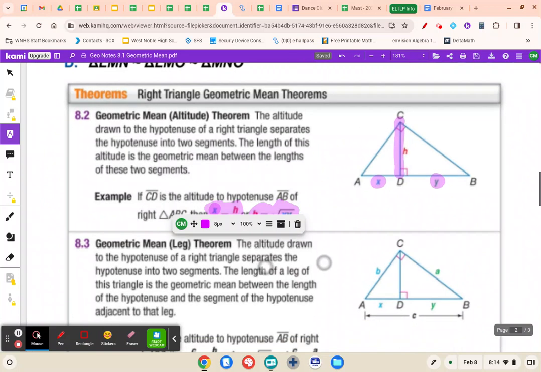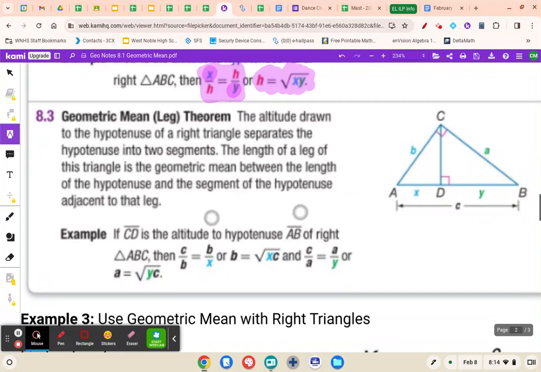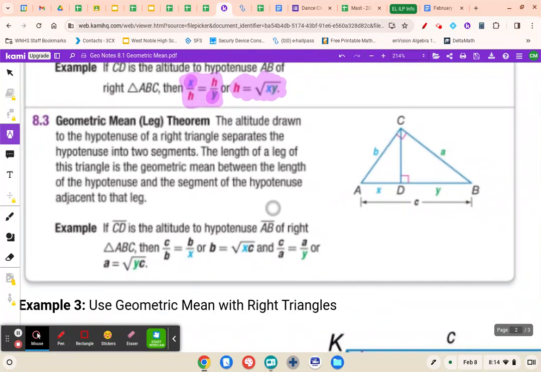The geometric mean leg theorem tells us the altitude drawn to the hypotenuse of a right triangle separates the hypotenuse into two segments. The length of a leg of this triangle is the geometric mean between the length of the hypotenuse and the segment of the hypotenuse adjacent to that leg.